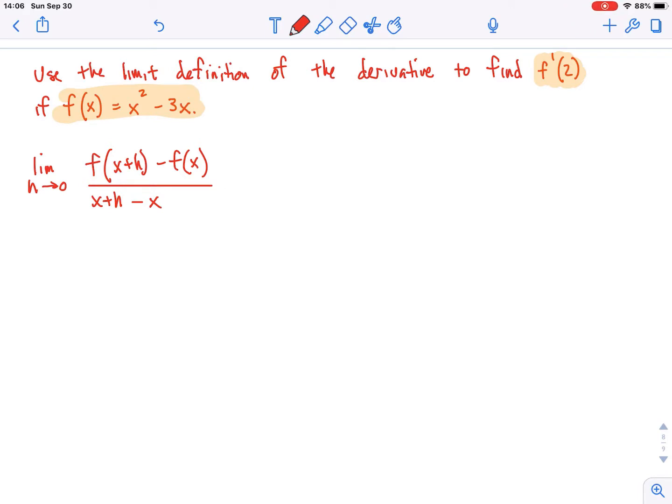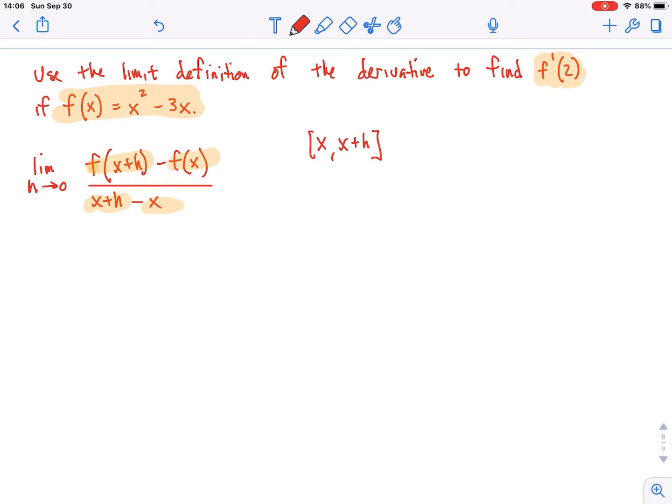But the reason I've written this as two separate items in this example is I want you to just notice that this is f of b minus f of a over b minus a for the interval that goes from x to x plus h.